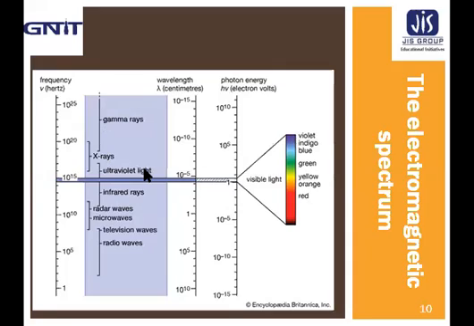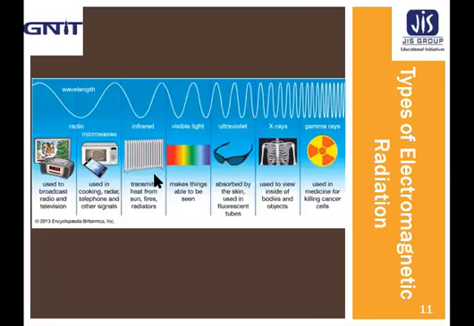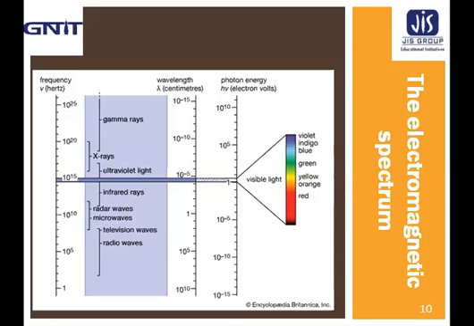The various portions bear different names based on differences in the behavior in the emission, transmission, and absorption of the corresponding waves, and also based on their different practical applications.